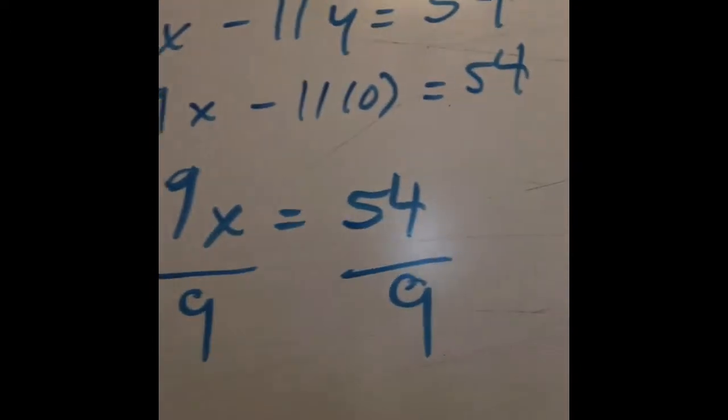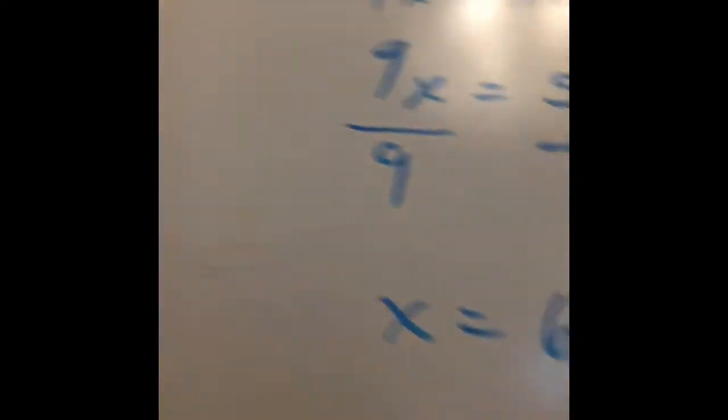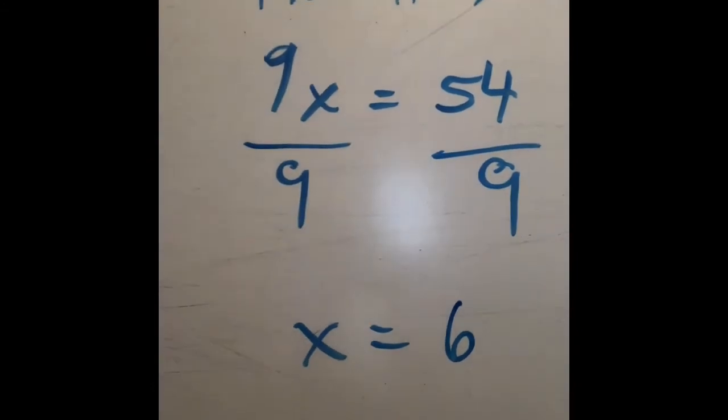X equals, okay, so x equals 6. At this point, you know the point, the x-intercept, is 6, 0.